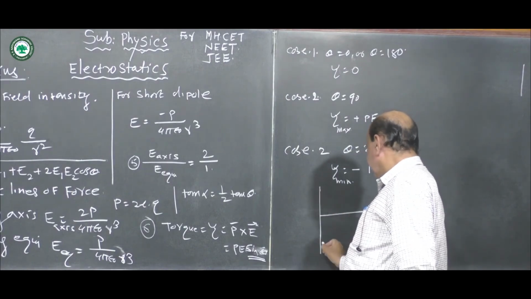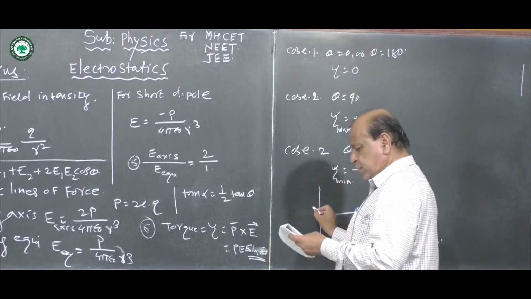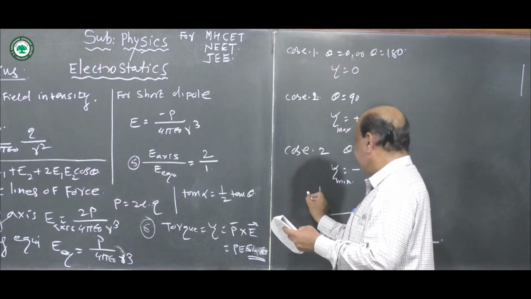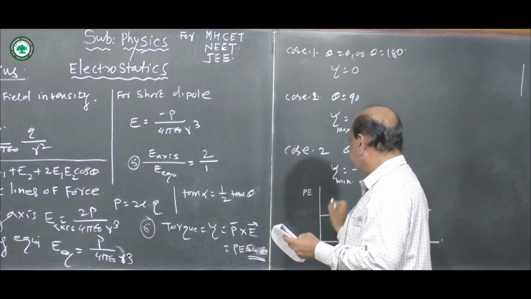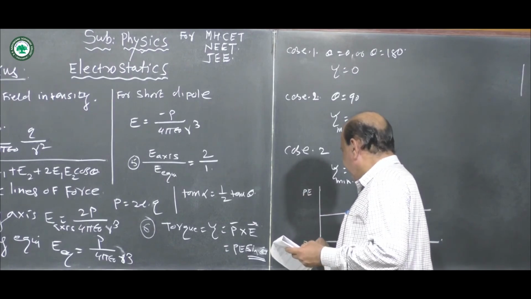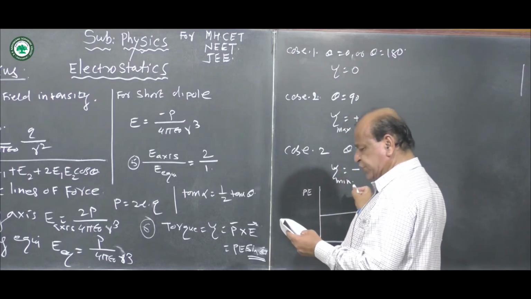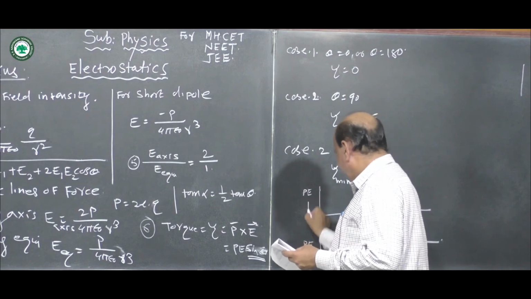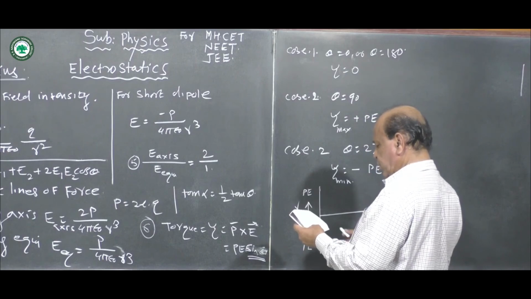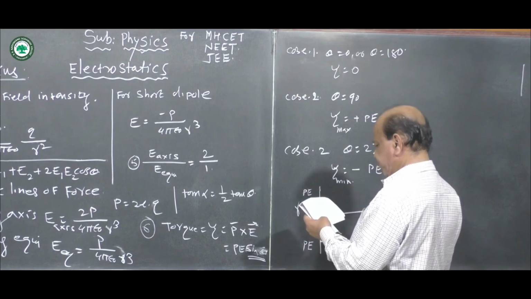Here is the maximum value and here the minimum value of torque, not potential energy. On the vertical axis is the torque, and here is the value of theta.